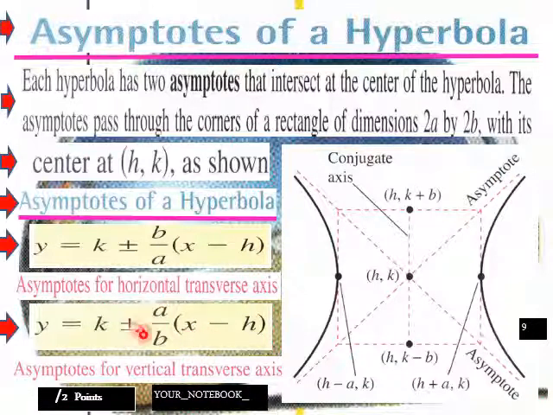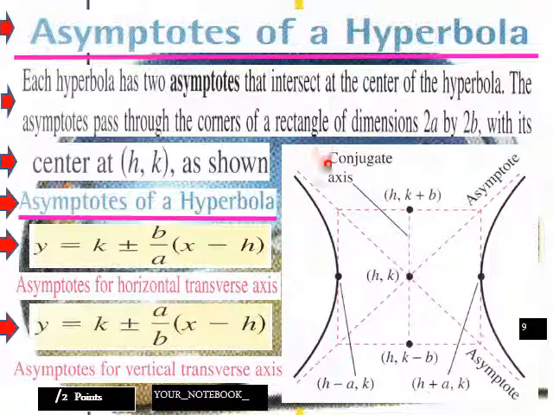And then y equals k plus or minus a over b times (x minus h) are the asymptotes for the vertical transverse axis. We flip this fraction to come up with our calculation for the vertical transverse axis.